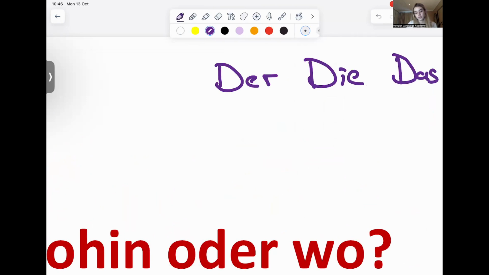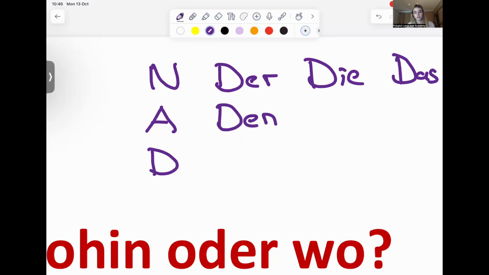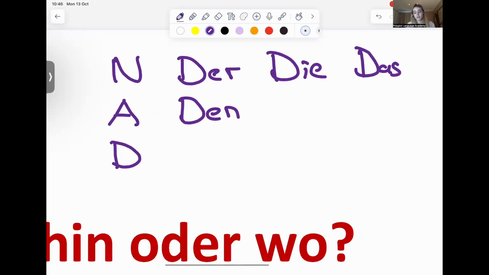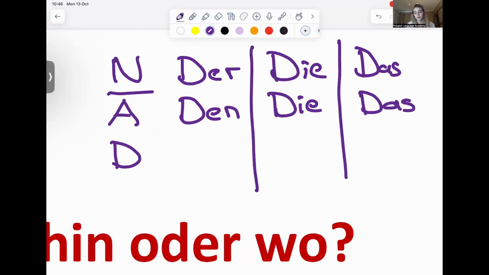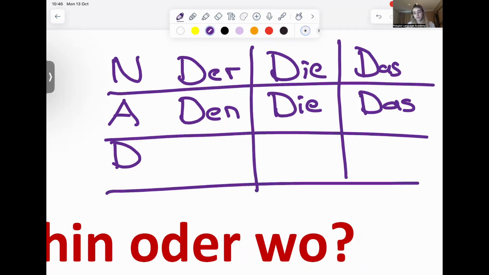This is nominative. Then I usually go to accusative first and then dative. Der changes to den in accusative. Die does not change in accusative. Das also does not change. So this is our lovely table.